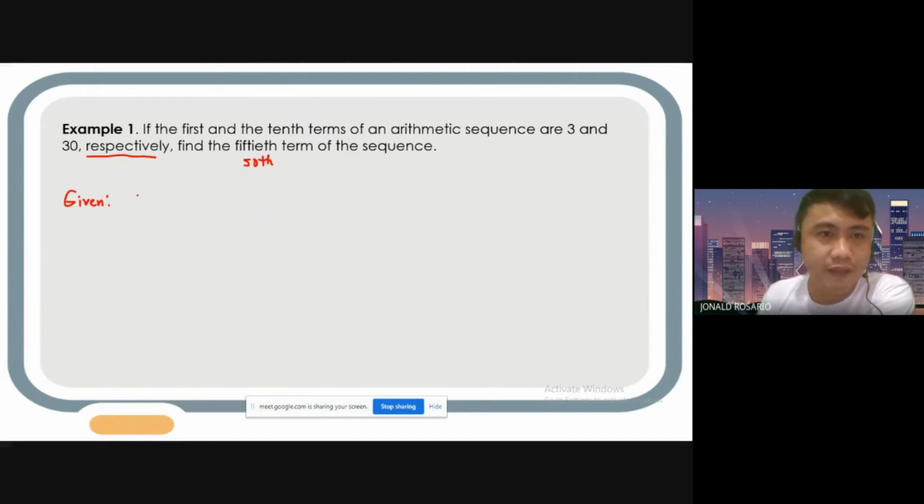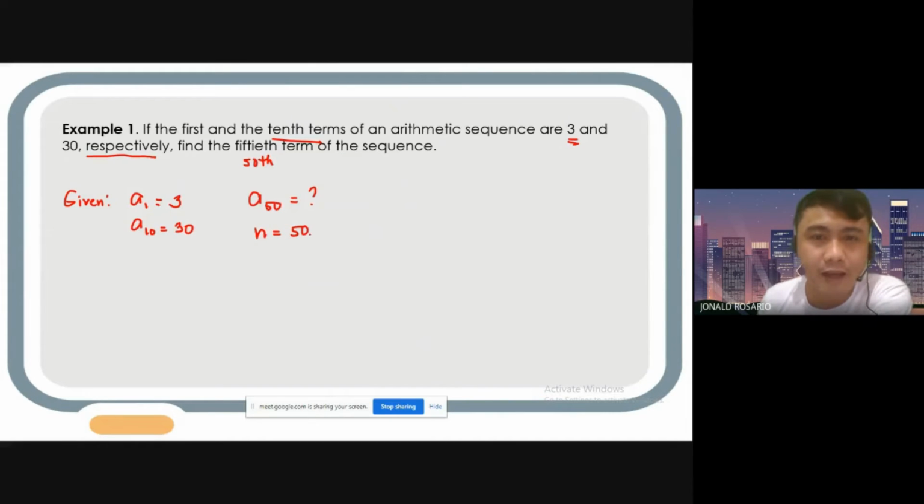We are given the first term, a sub 1, which is 3, and our a sub 10 is 30. And of course, we are looking for a sub 50, so n is 50.